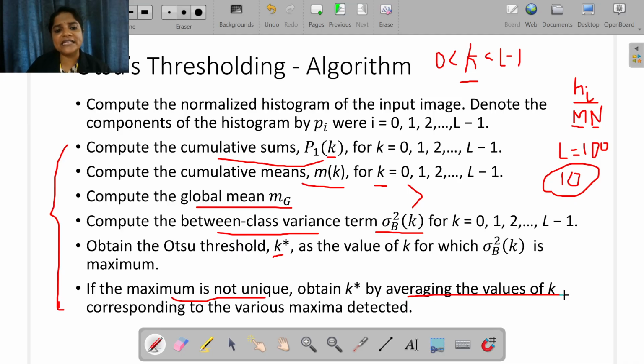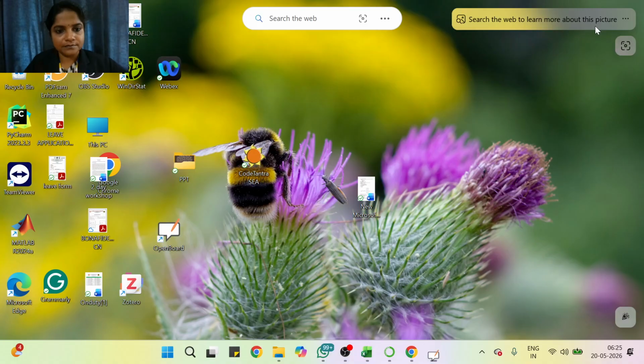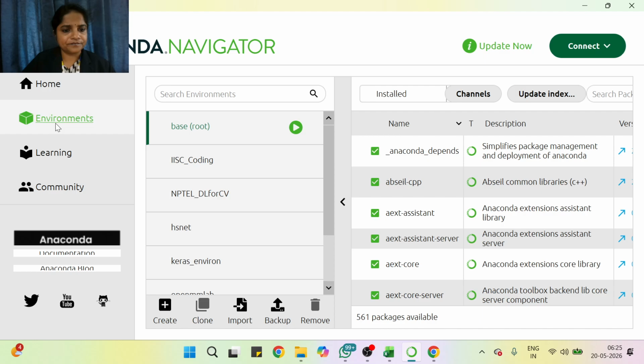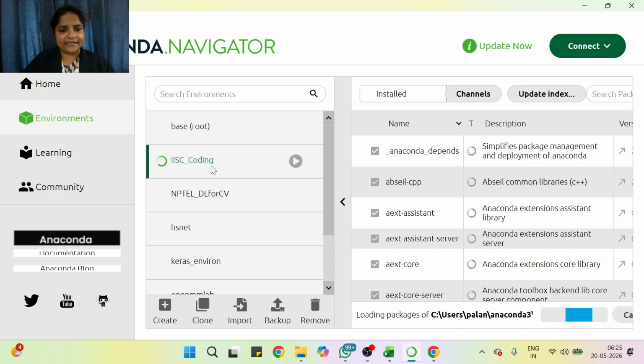Okay. So how do we say that this Otsu's thresholding, or how do we prove that this algorithm actually works? So what I have done is I have created a simulation using Python. Okay. We are going to see that simulation and verify if our Otsu's thresholding is actually giving us the optimum threshold.